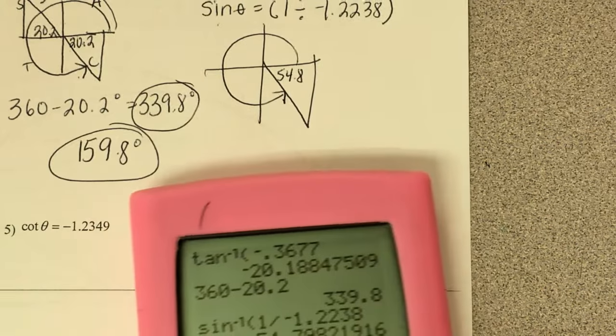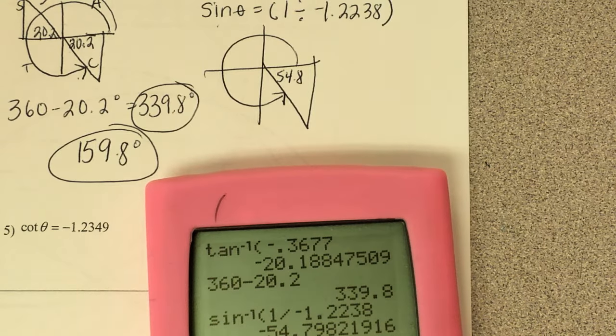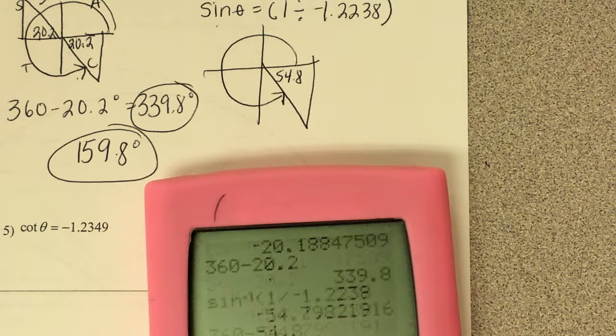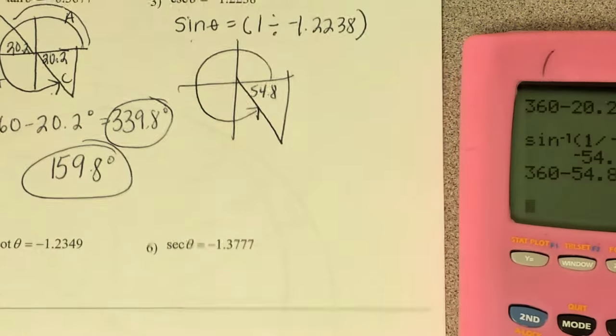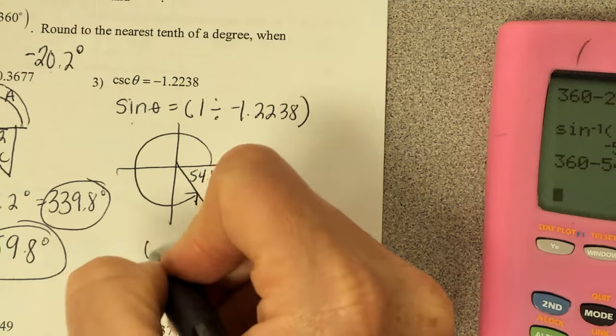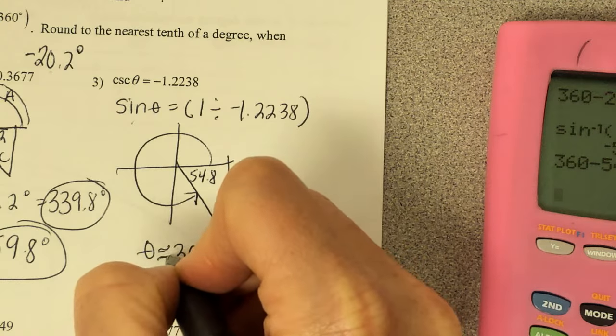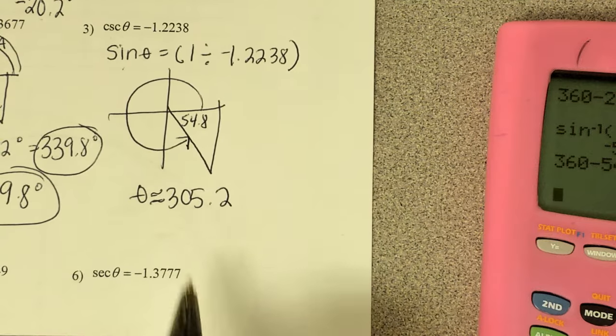Malasha, how do I find it? Right. And that's going to be one of our answers, 305.2. And that's approximate, so I use these squiggly lines for approximate.